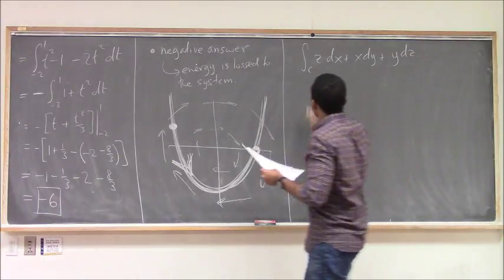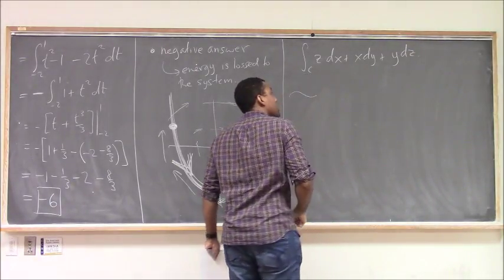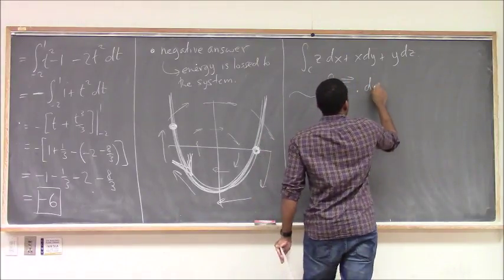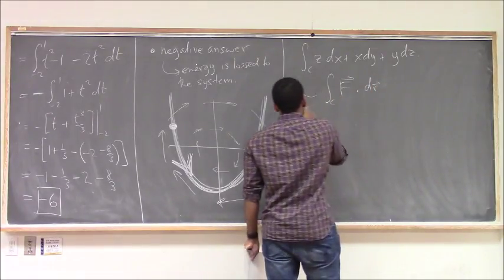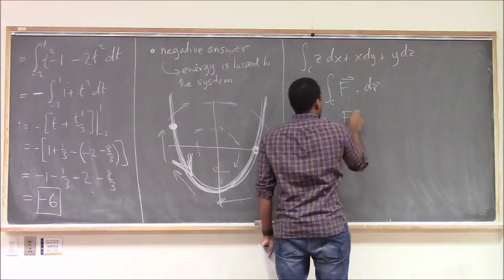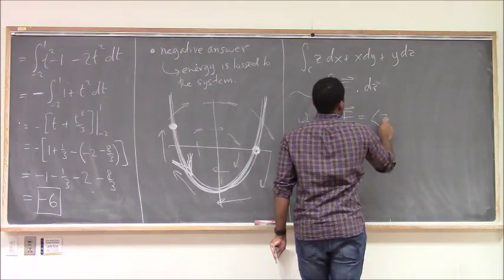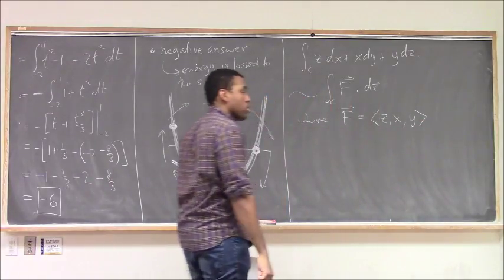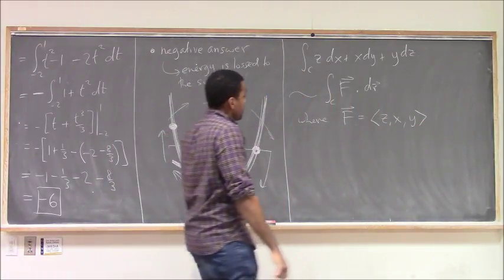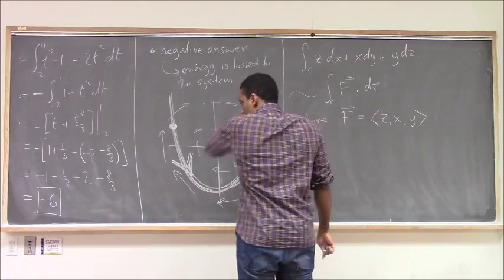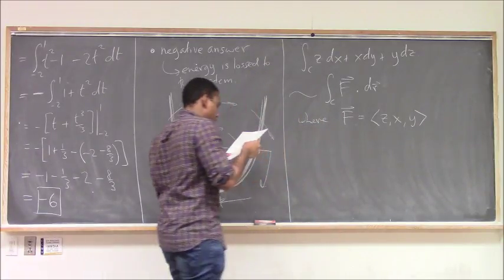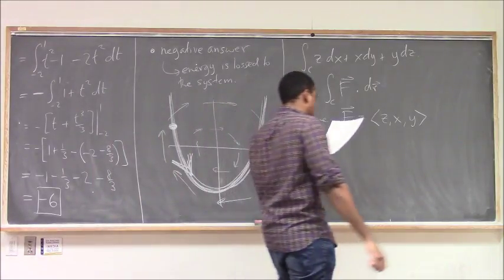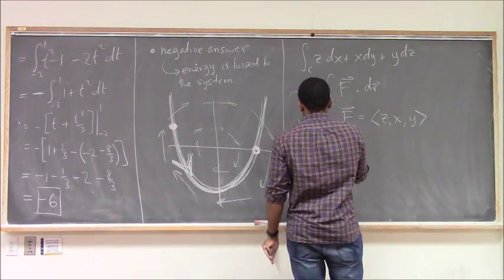It turns out we could have thought of this as F dot dr, where our F was actually the vector ⟨z, x, y⟩. So that's the vector that's describing what's going on in our environment, along the path.